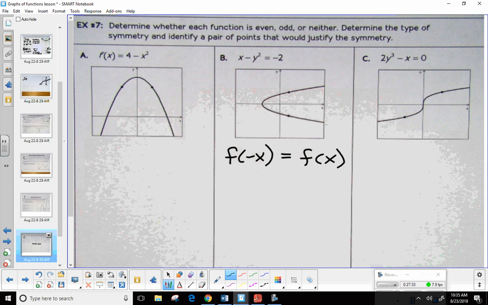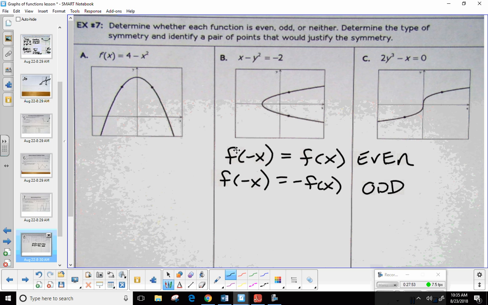Was that even or was that odd? That is even. So odd is if I can replace x with negative x and get what? Negative f of x. If I get the opposite of what I started with. By opposite, I'm talking in terms of sign change. Positives become negative and vice versa.